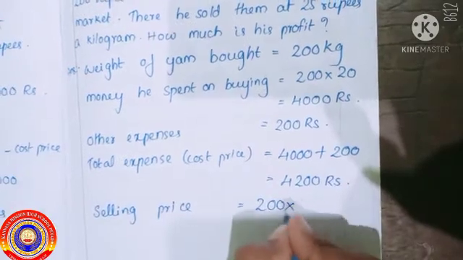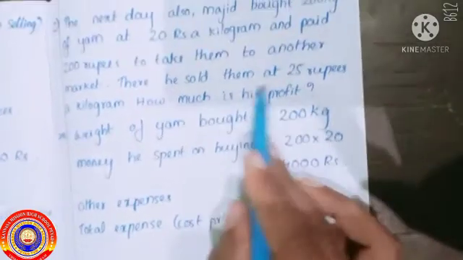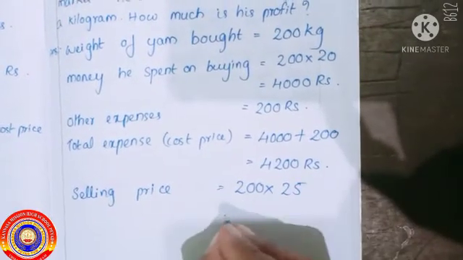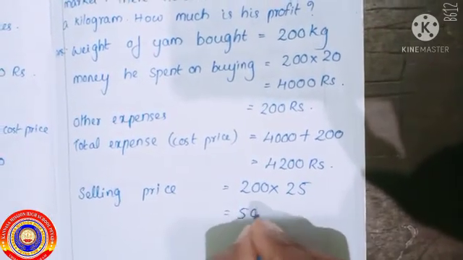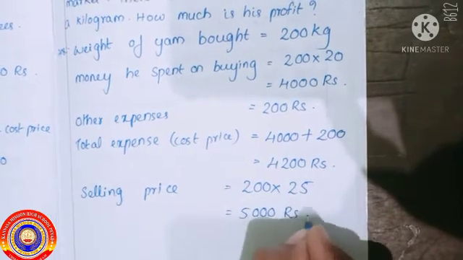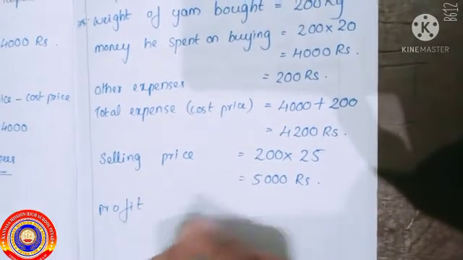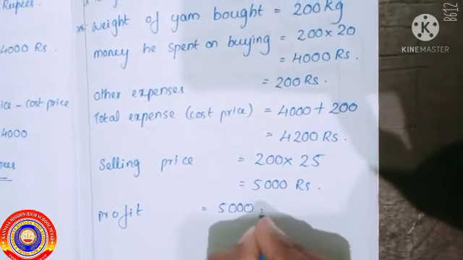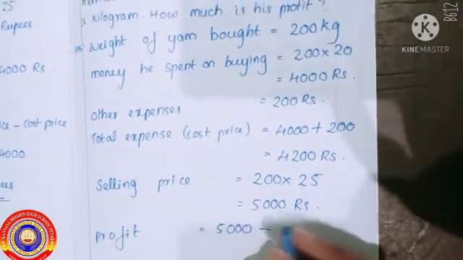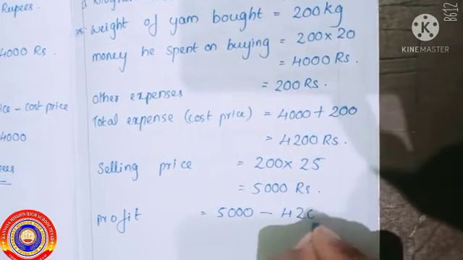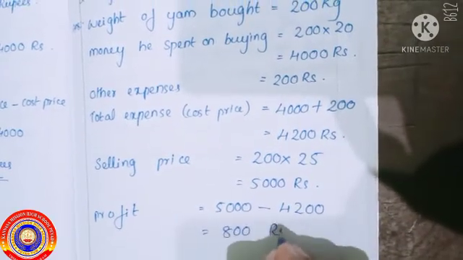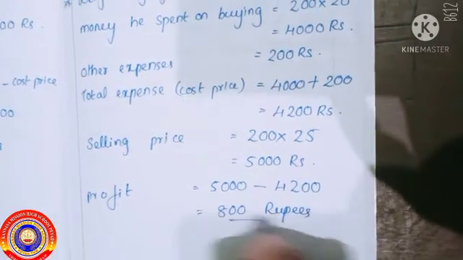The selling price of the yam is equal to 200 into 25, that is equal to 5,000 rupees. The profit he got on this sale is equal to selling price, that is 5,000, minus the total expense, that is 4,200. So 5,000 minus 4,200 is equal to 800 rupees.